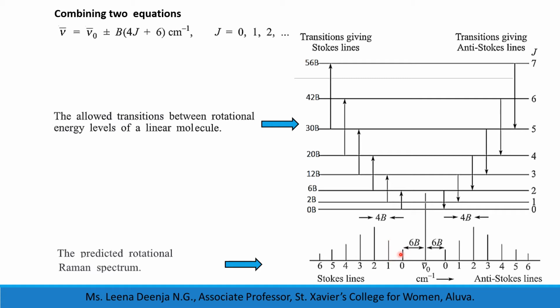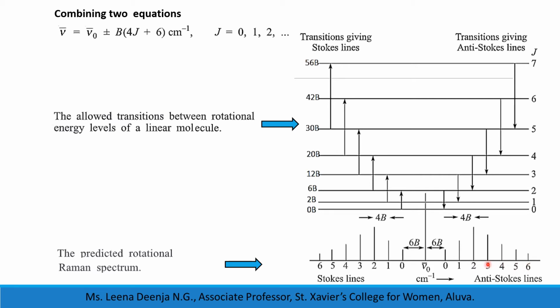So the distance between the first Stokes line and the second Stokes line is 4B. Then at another 4B distance, we get the next line. Another 4B distance, we get another line. On the right side, at the same 4B distance from the first line, we get the second line. Then at 4B distance, we get the third line, and so on.